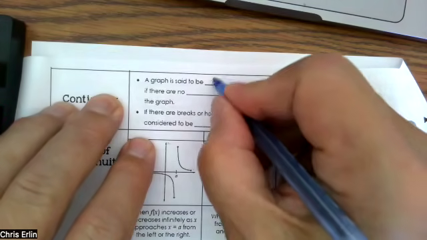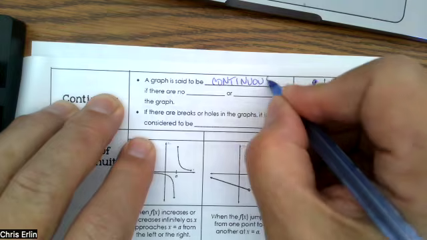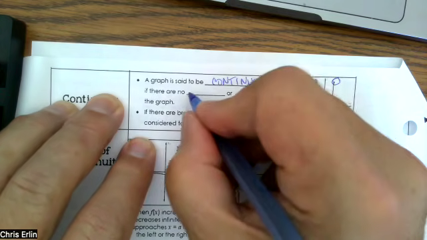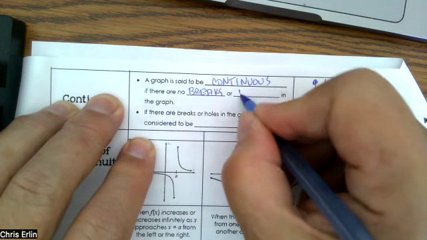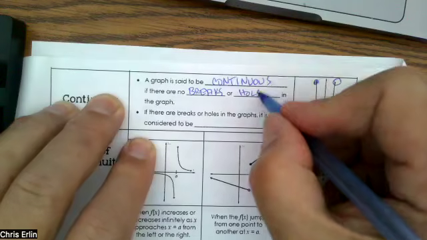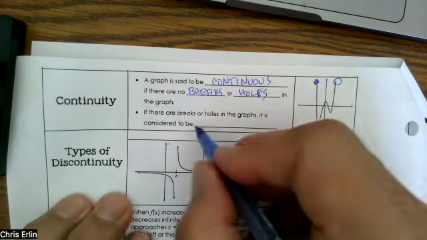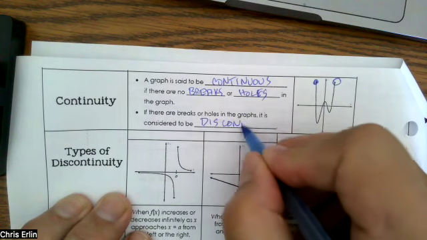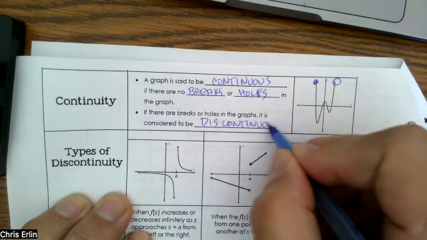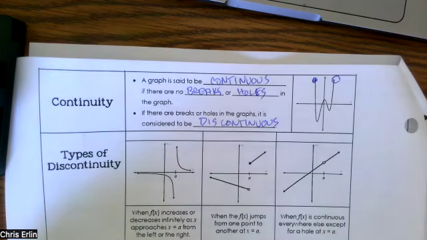A graph is said to be continuous if there are no breaks or holes. If there are breaks or holes in the graph, it's considered to be discontinuous. This is a binary scenario. There's only 2 choices. Either it's continuous or it's discontinuous.